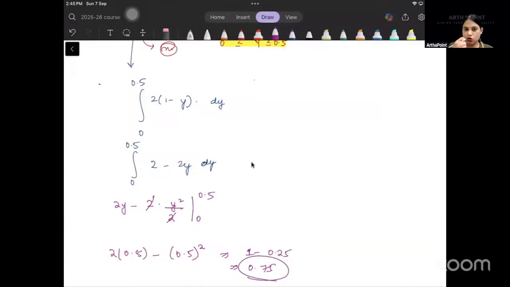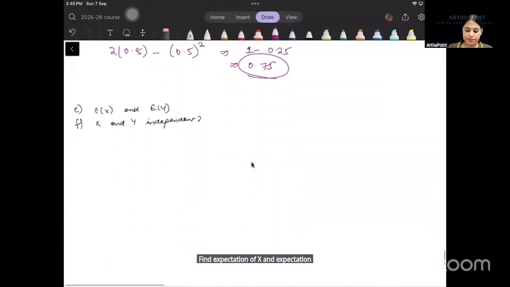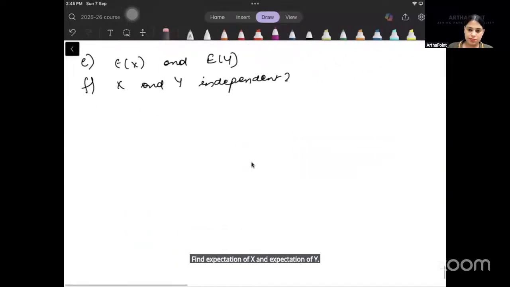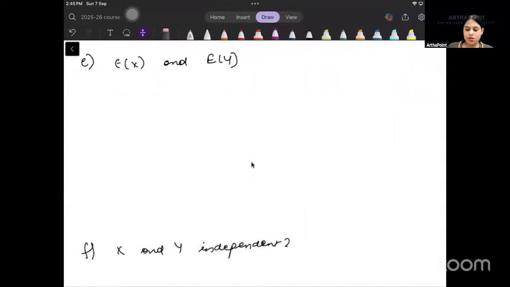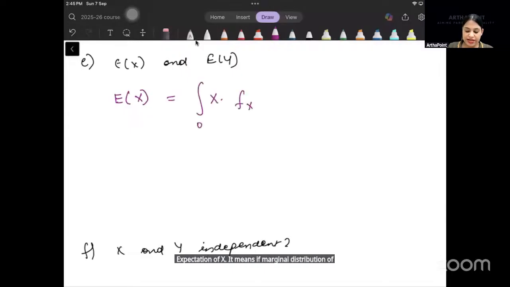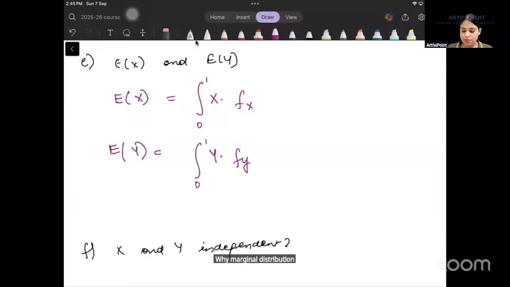Find expectation of x and expectation of y. Expectation of x. It means x times f, marginal distribution of x, take the highest limit 0 to 1. Expectation of y. y times marginal distribution of y between 0 to 1.